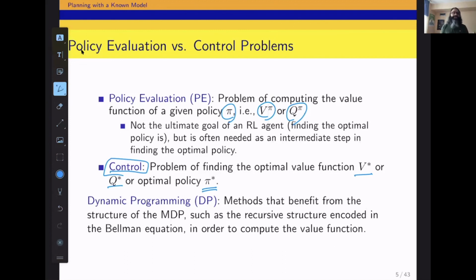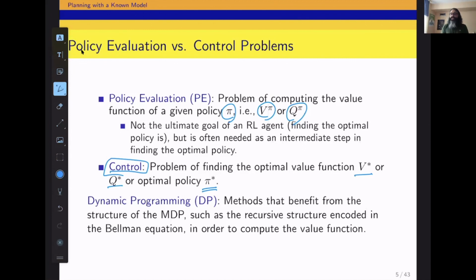As you know from CS, in dynamic programming you decompose a problem into smaller sub-problems, solve each of them, and then combine them. The recursive property of the Bellman equation captures that: the value function of this state is related to the value function of other states. So if I know the value function of the next states, I can compute the value function of the current state.